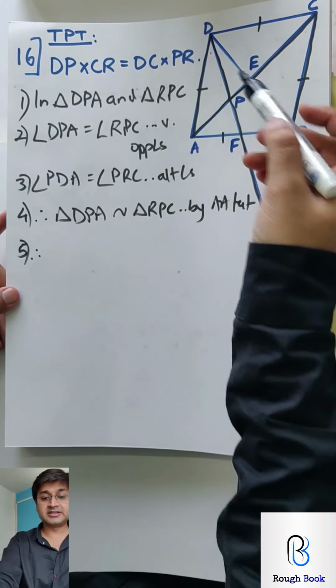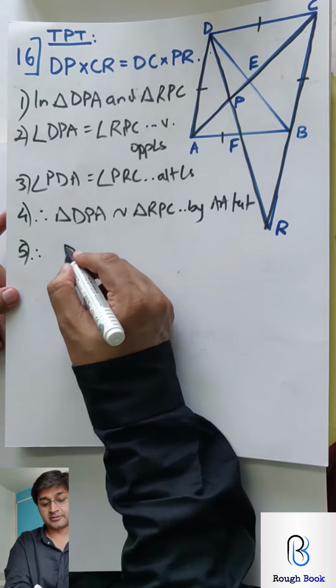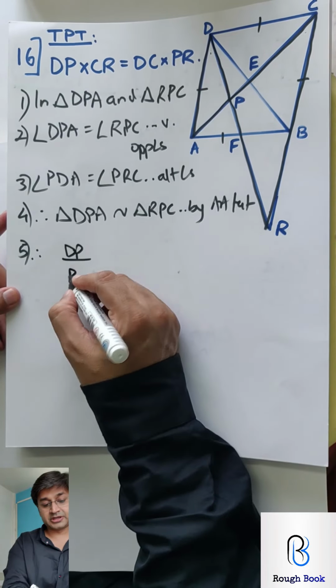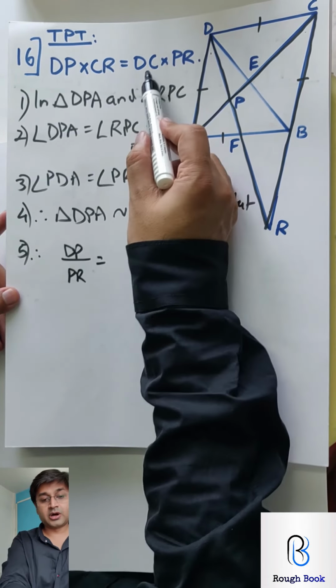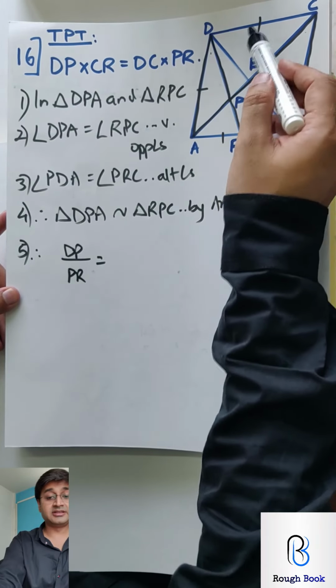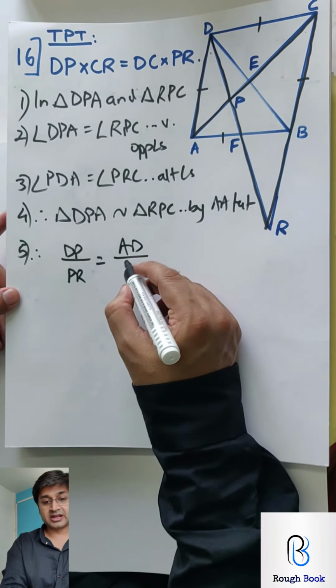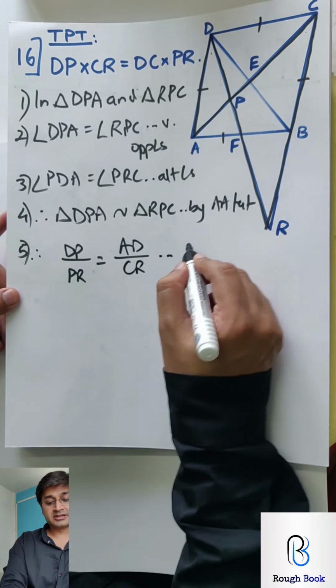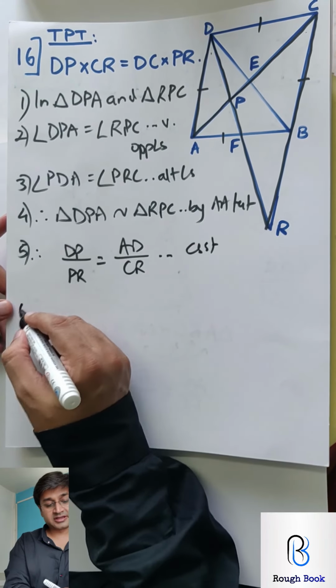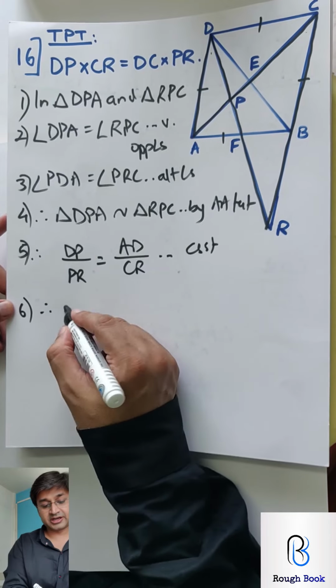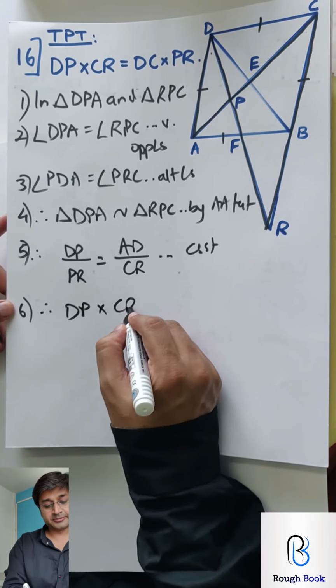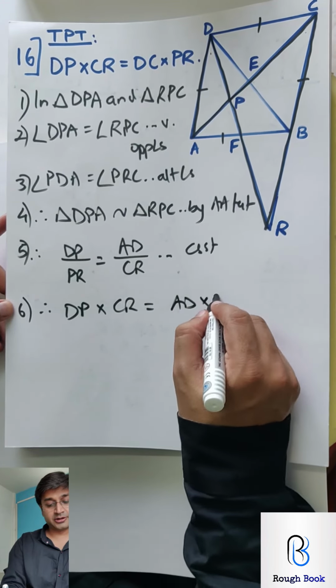So DP and CR, so DP is first and second, so DP upon PR is equal to, I need DC, that is AD, so I need AD first and last, so first and last CR, CSST. Step 6, therefore DP into CR, crossing it, is equal to AD into PR.